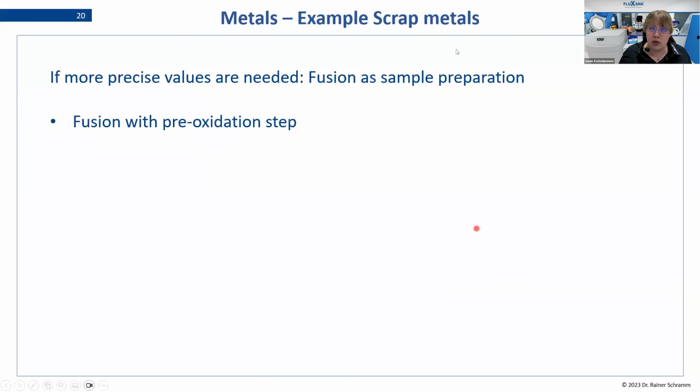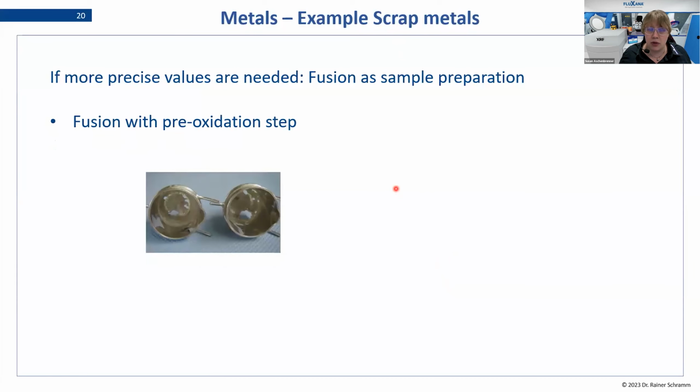Because we are talking about scrap metals, and the metals have the big disadvantage that they form an alloy with the platinum crucibles that we are using for our fusion process because it can withstand high temperatures. The alloy cannot withstand all these high temperatures, so the crucibles will be damaged or even melt inside the fusion machine. That's not what we want.